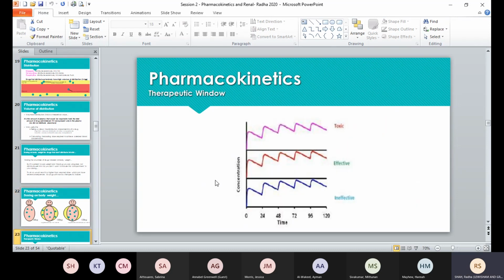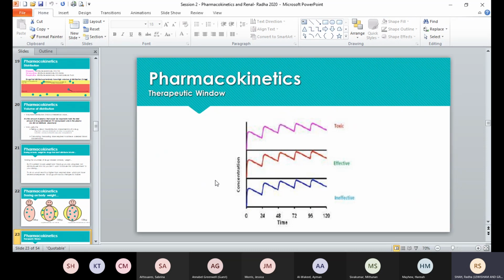Then when I was talking about therapeutic windows, we have some drugs which have a narrow therapeutic range and we need to do TDM monitoring. This graph nicely represents it. It shows the concentration on the y-axis and the time on the x-axis.